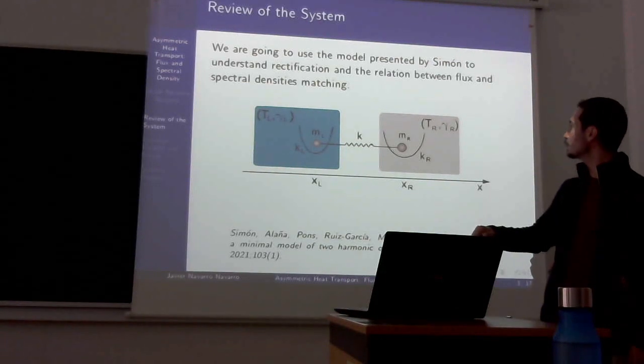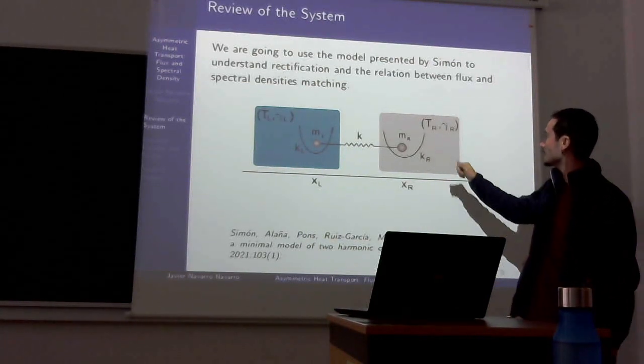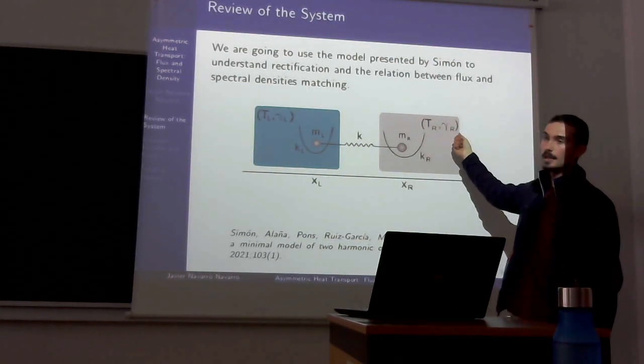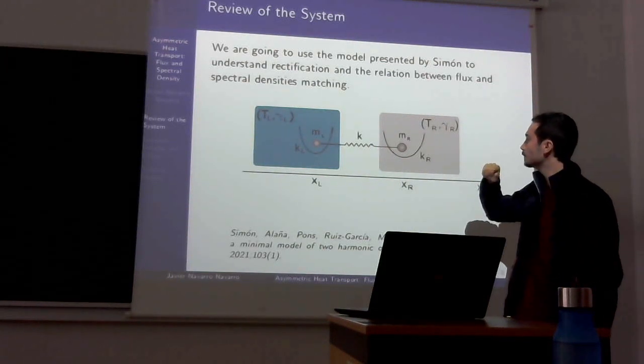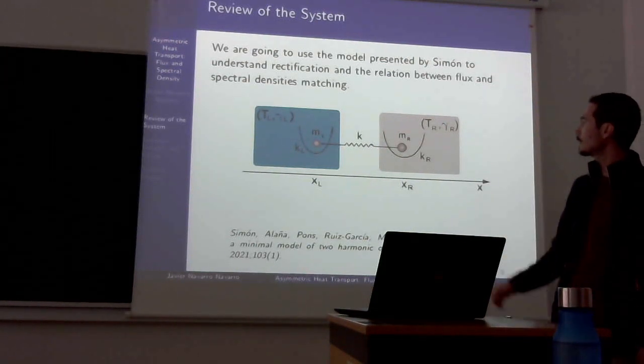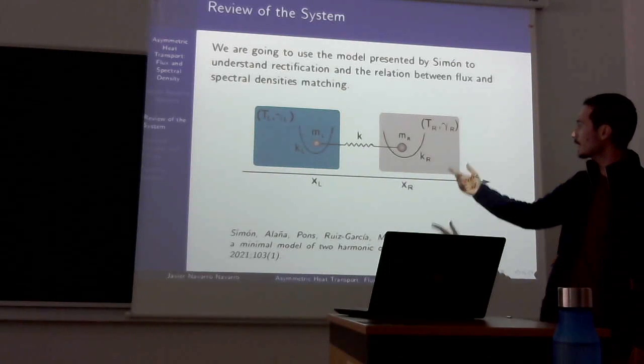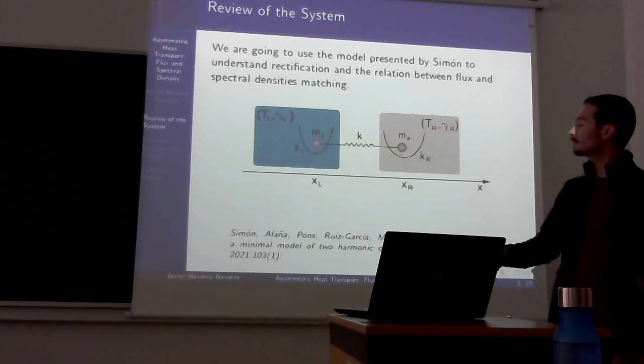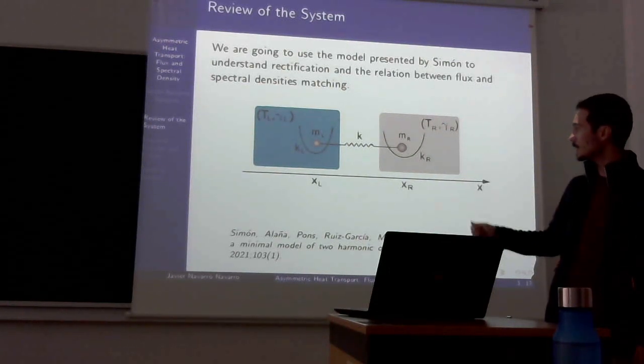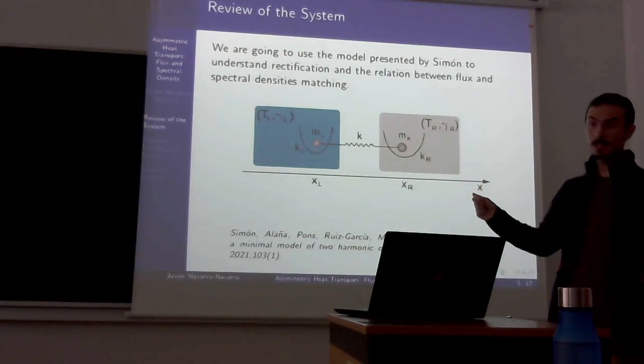So we only need two coefficients to characterize each bath: the temperature and the dissipation coefficient. And finally, both ions are coupled by a harmonic potential with constant K.